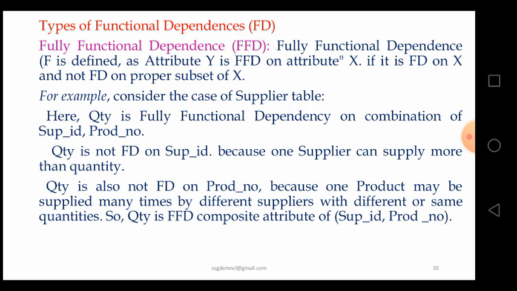First of all, fully functional dependency. Fully functional dependency is defined as attribute Y is fully functionally dependent on attribute X if it is functionally dependent on X and not functionally dependent on any proper subset of X. For example, consider the case of a supplier table.